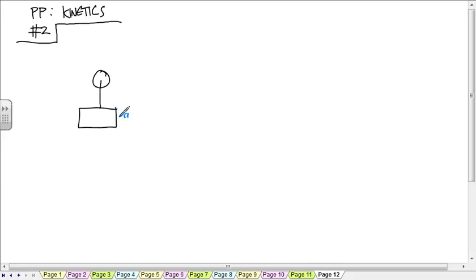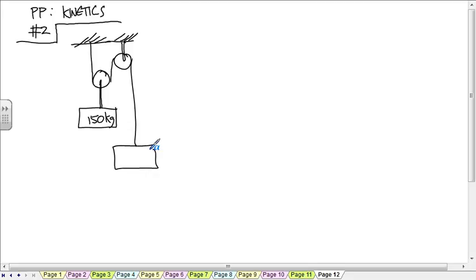So you have a 150 kilogram mass coming from this hanging pulley, and then a single cable goes from here around the pulley up around this pulley, and then you have another 100 kilogram mass there.